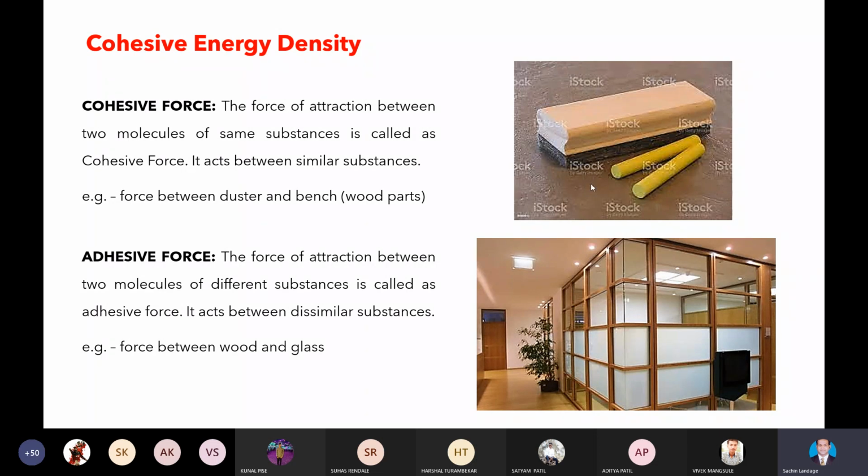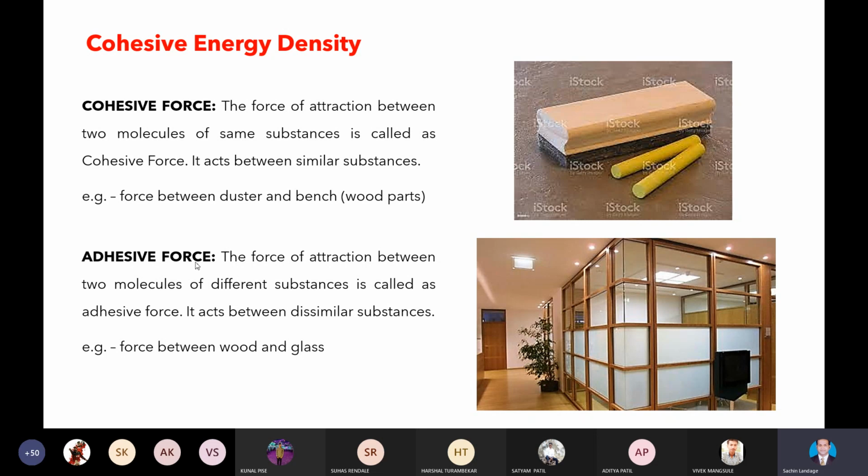The bench is made up of wood, and the duster is also made up of wood. These are two different molecules but of the same substance type, wood, cellulosic, which is why there is a force of attraction between them.